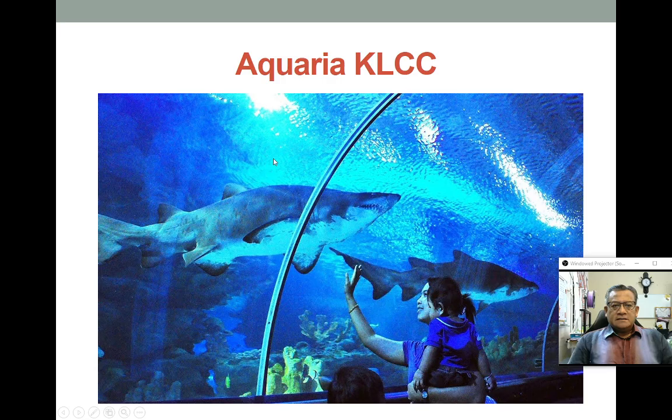Okay, I bet that some of you might have also visited Aquaria KLCC in downtown Kuala Lumpur. Aquaria KLCC is another example with excellent servicescape, I think. It is arranged in such a way that you enter at the atrium, at ground level. Then you go down further and further towards the water, and later towards the ocean.